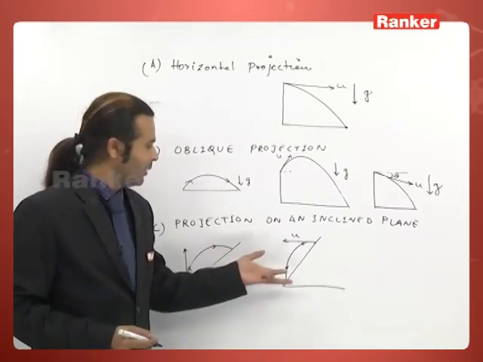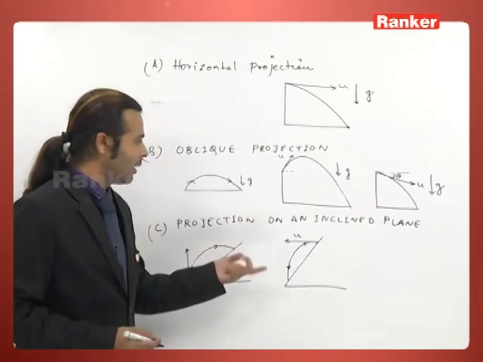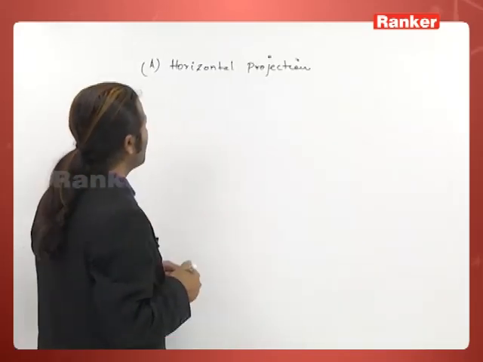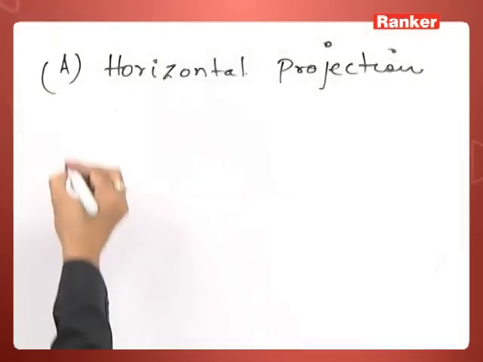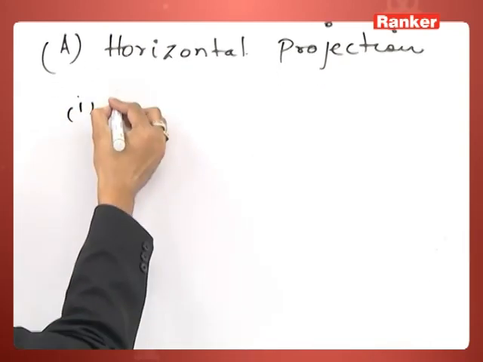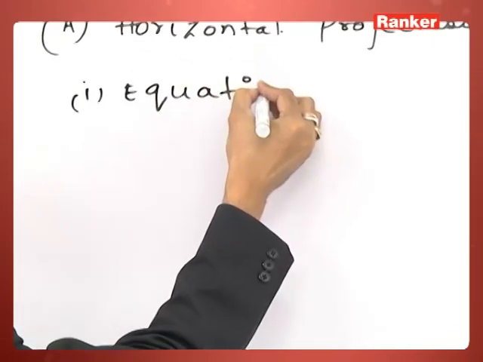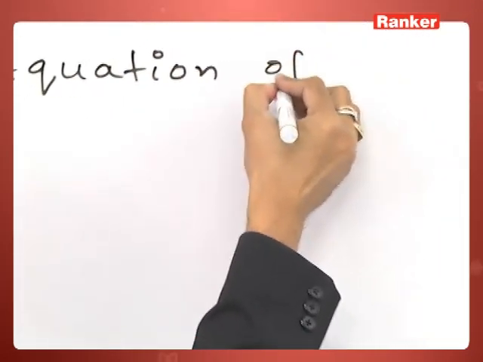Here we can have this projection on an inclined plane in this way. We will consider horizontal projection first, and we will discuss the equation of trajectory.